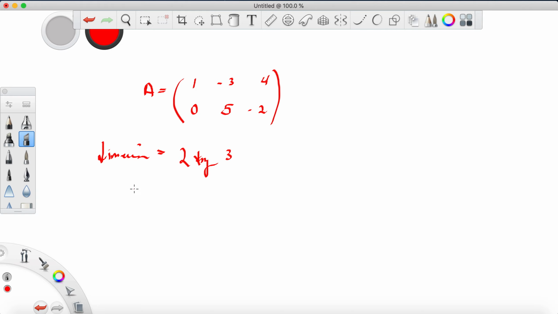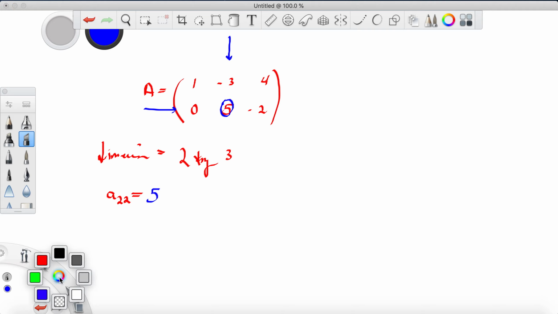Now, if I wanted to specify a specific point, I could use subscripts. So what is element A22? Well, if I go to the 2nd row and the 2nd column, they clearly meet at 5. What about A31?